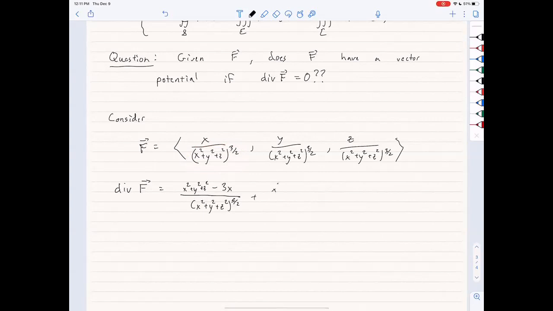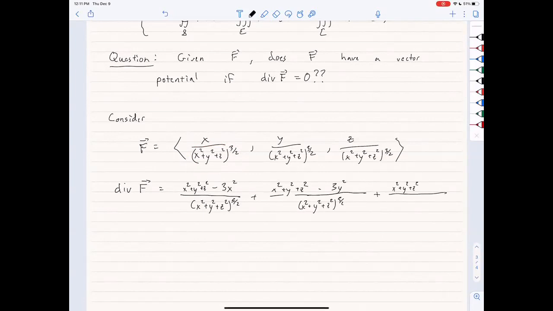The same thing holds for y. Well, a similar thing, I should say, holds for y. We get minus 3y squared, pardon me, over (x squared plus y squared plus z squared) to the 5/2. And here for z, a similar thing occurs: I get x squared plus y squared plus z squared, minus 3z squared, over the 5/2 power.